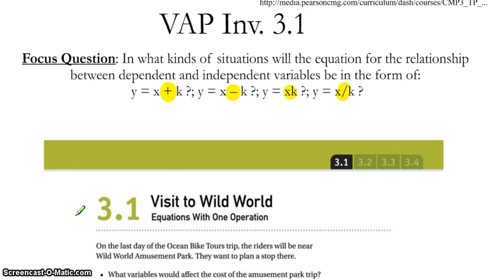An equation is an expression with an equal sign that has one operation: one addition problem or one subtraction problem, one multiplication or one division problem. So one of those. All right, so let's move on.